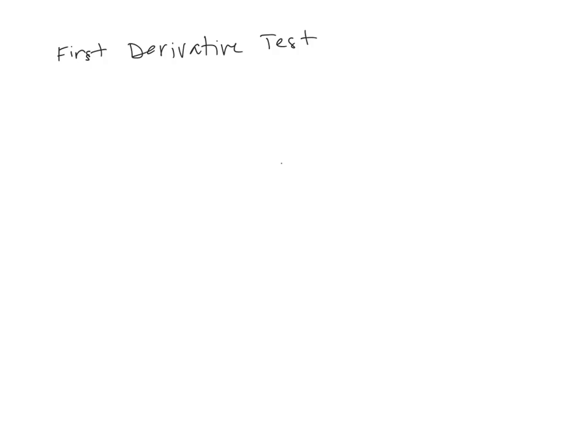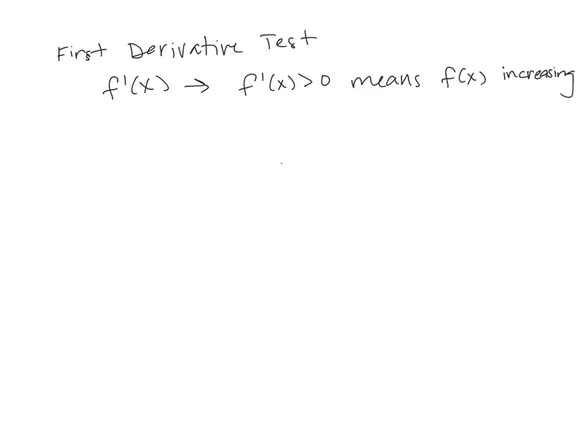And so some information that f prime of x can give us is that if f prime of x is positive or greater than 0, then that means that f of x is increasing. And I also know that if f prime of x, that first derivative of f, is negative or less than 0, this means that f of x is decreasing.